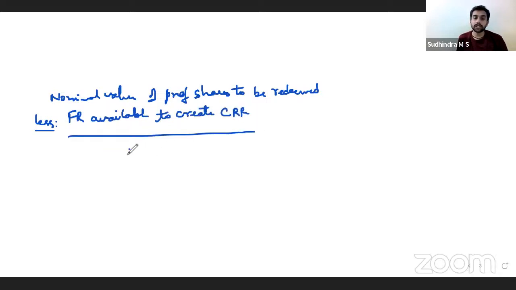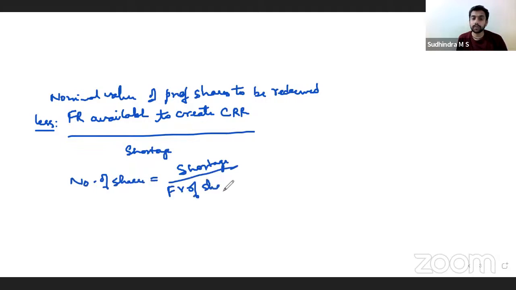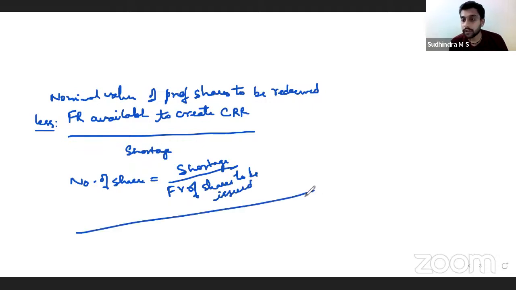This gives us the shortage. So number of shares is equal to shortage divided by face value of shares to be issued.